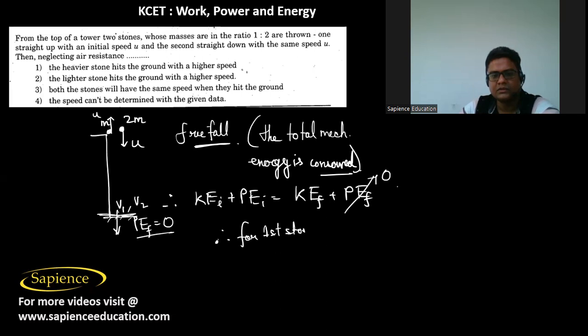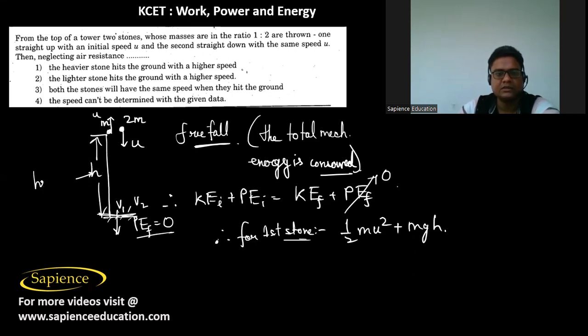Now therefore, for the first stone, the initial kinetic energy is half mu square plus the initial potential energy is mgh. Since they both are thrown from the same height, h is the height of the tower, since they are being thrown from the top of the tower only.